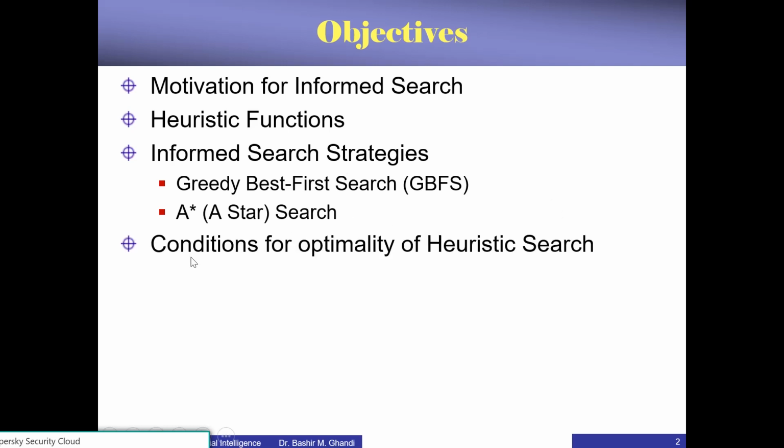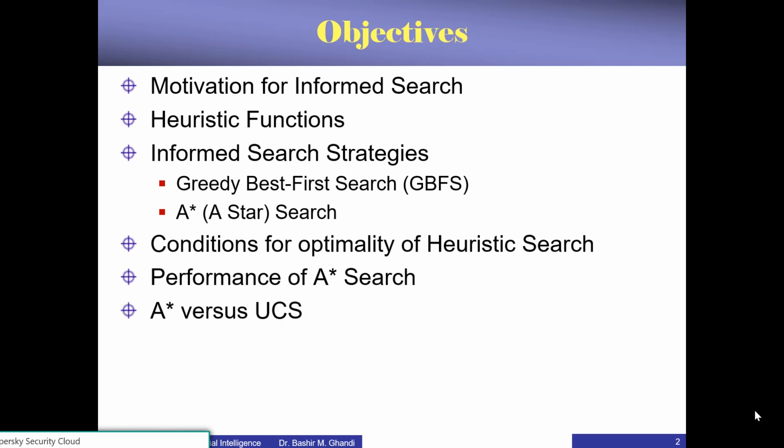Finally, we will look at the conditions for optimality of heuristic search, and this will lead us to evaluate the performance of A-star search particularly, because this is the best among the two.